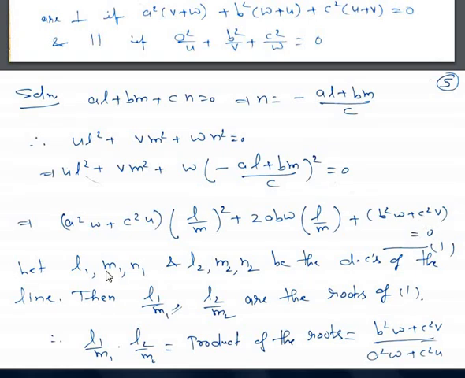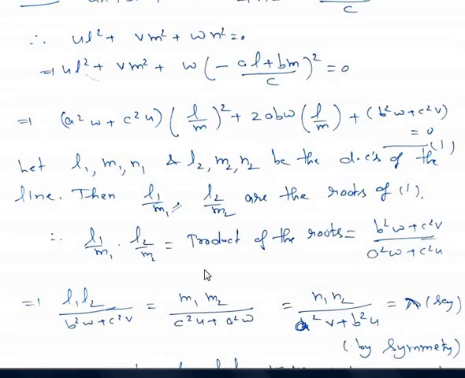Now as you can see, this is a quadratic in l/m. So suppose that l1, m1, n1 and l2, m2, n2 are the direction cosines of the lines, then l1/m1 and l2/m2 are the roots of this equation because this is a quadratic in l/m.